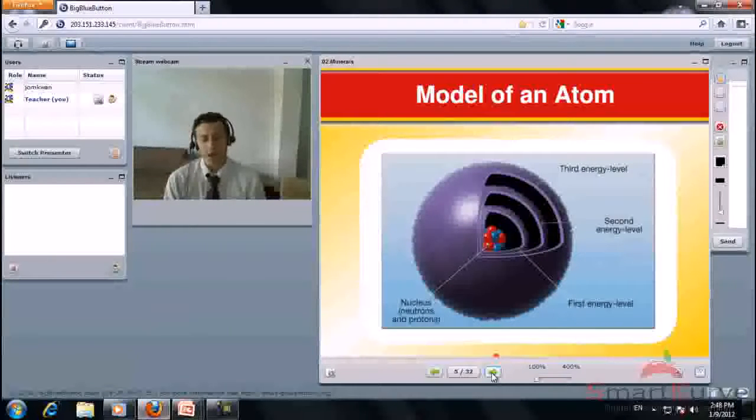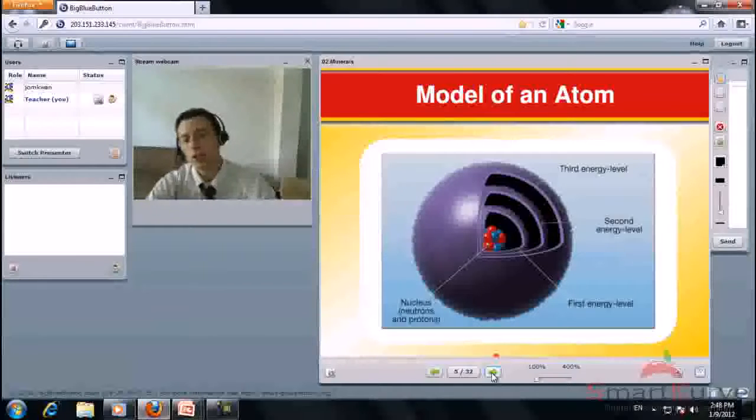In slide 5, we can see a pretty good model of the atom. Notice the nucleus, the red and blue part, that's where we have our neutrons and our protons. Those purple spheres around the nucleus are our energy levels.